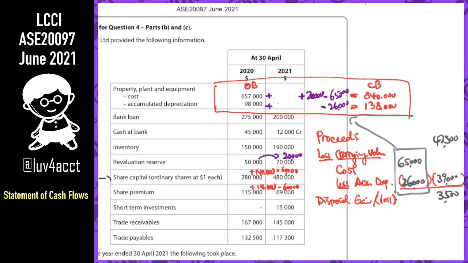Let us calculate how much that is. 657,20,000 minus 60, minus 840, you have 228,000 purchases. And then depreciation, 96, 128, you have 66,000 for depreciation.